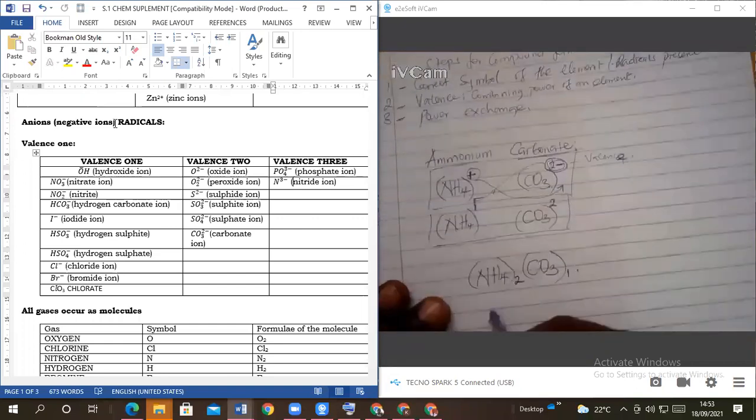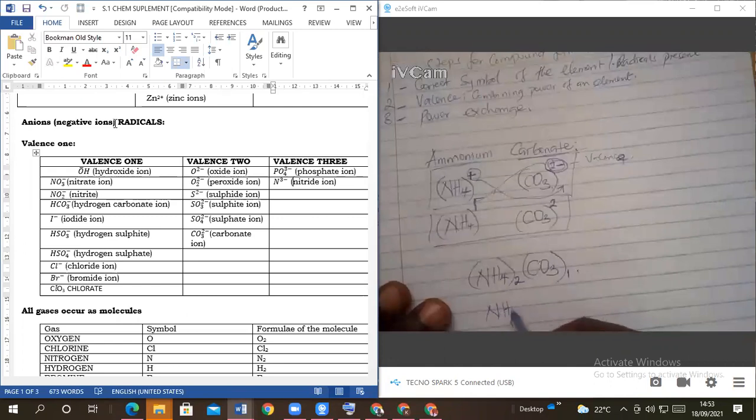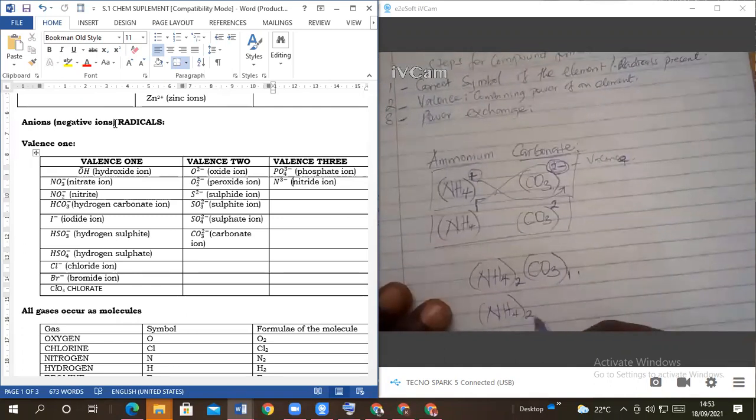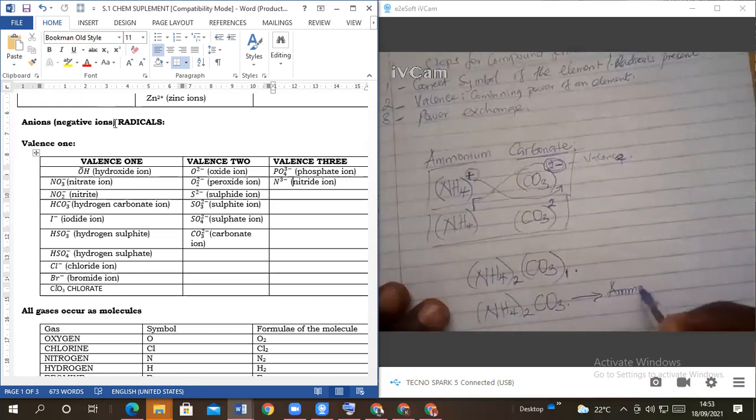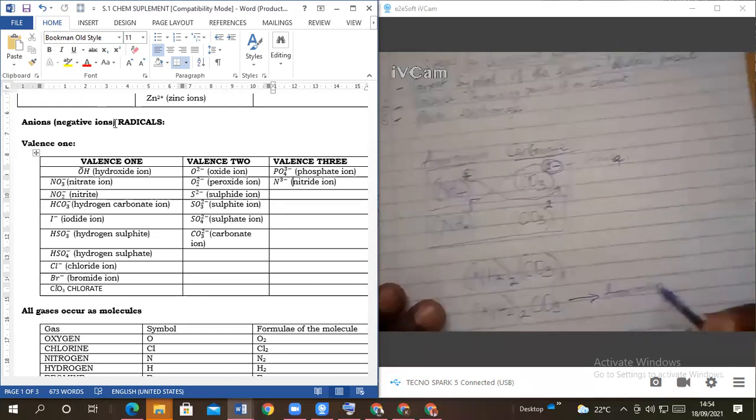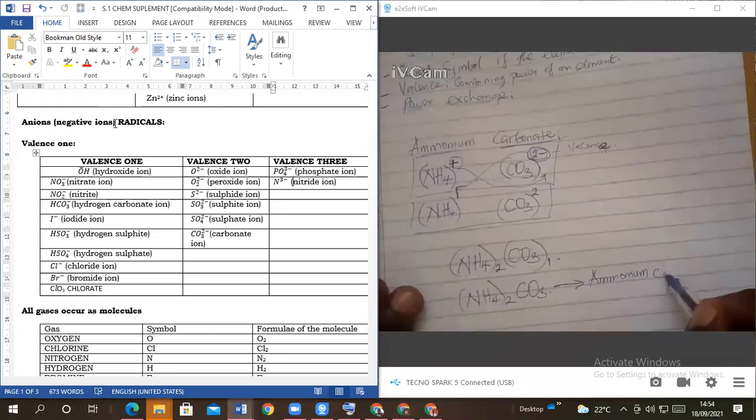So the compound becomes NH4 twice, then CO3. This is the compound we call ammonium carbonate.